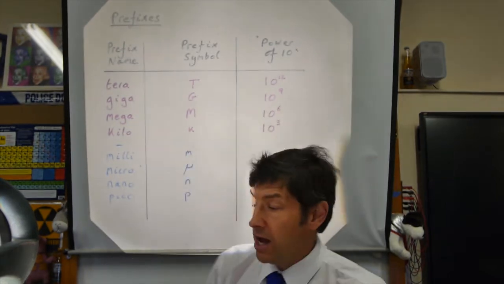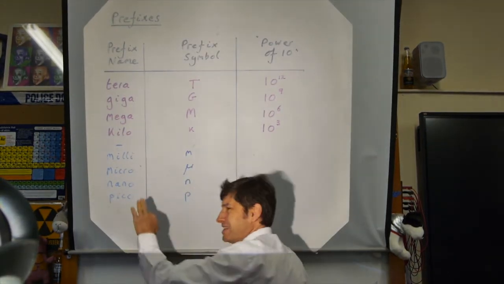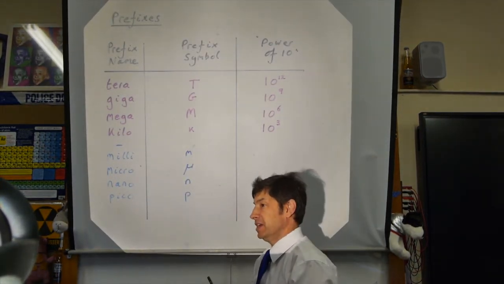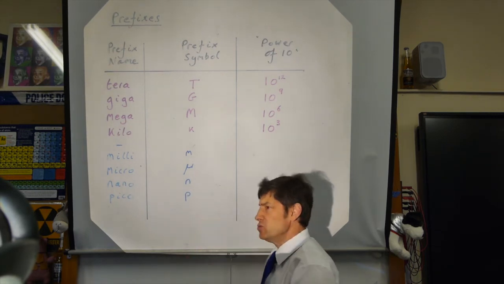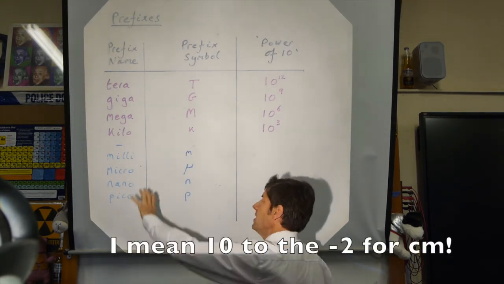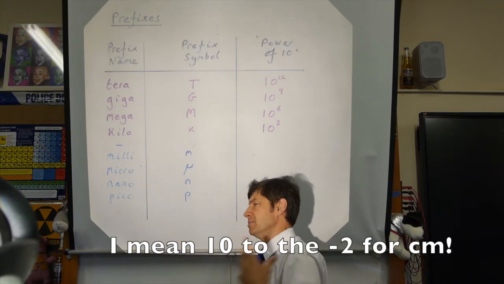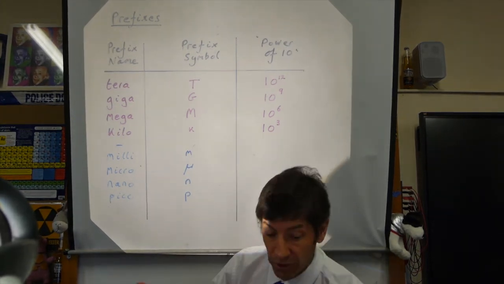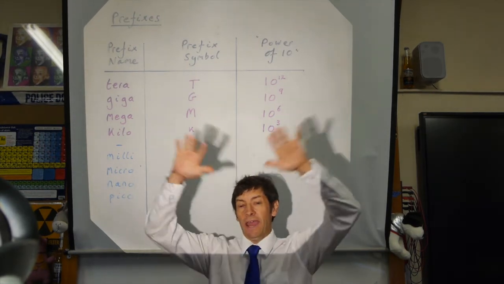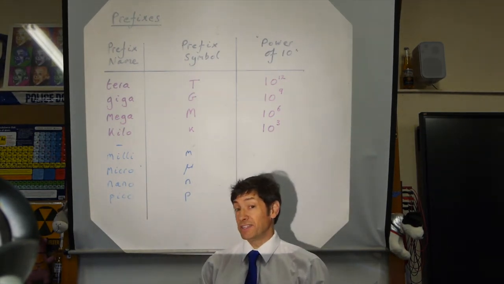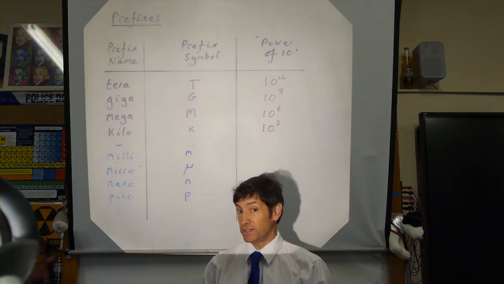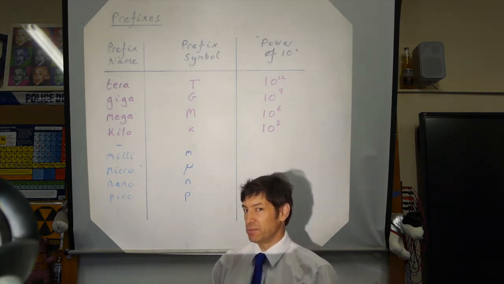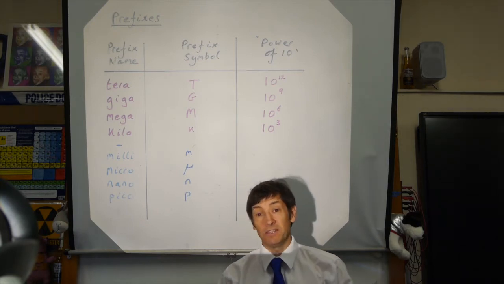The centi in here, so centimeters, is 10 to the power minus 2. It's a bit complicated, because there are 100 centimeters in a meter, and that will confuse you. I'm going off topic now, but if they give you an area in centimeters squared, be really careful. There are not 100 centimeters squared in a meter squared.